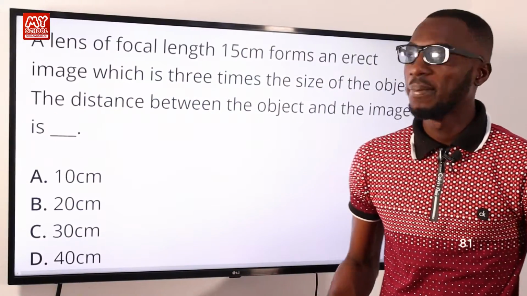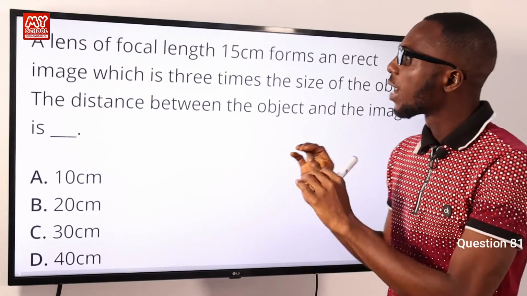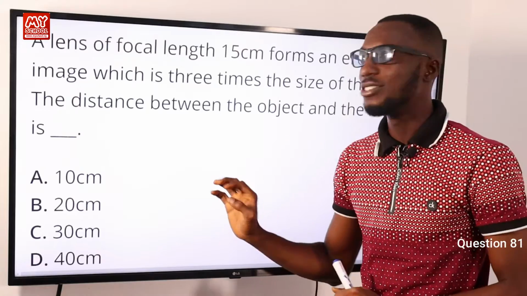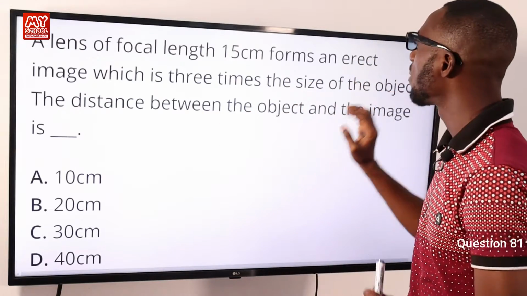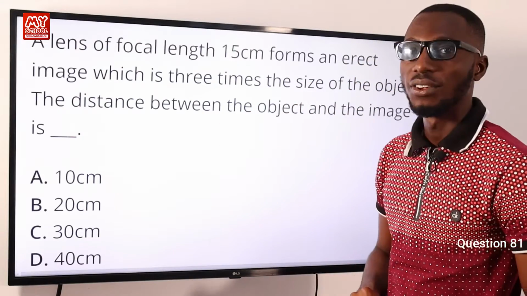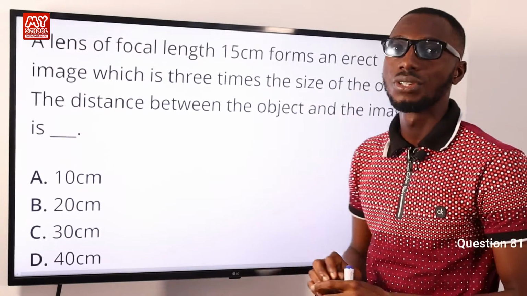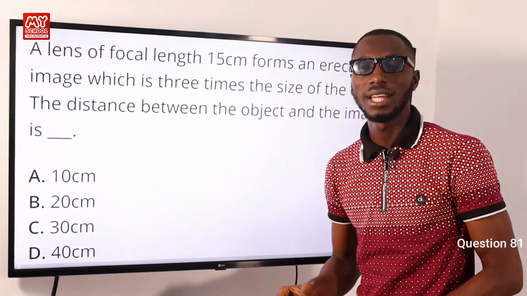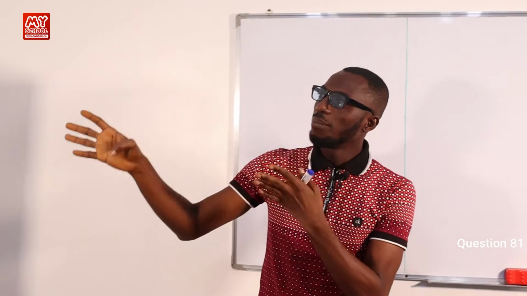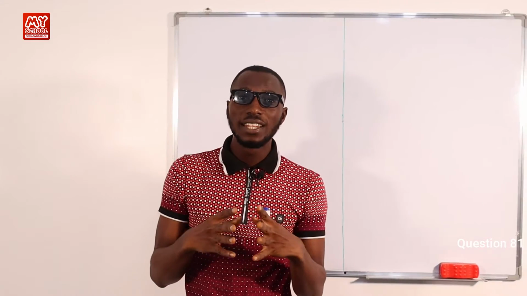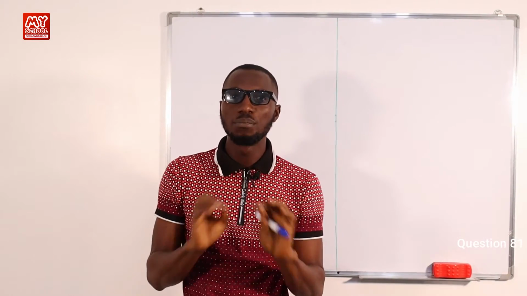Question 81. A lens of focal length 15 centimeters forms an erect image which is 3 times the size of the object. The distance between the object and the image is what? Recall from the question, we are told that the image formed is erect, so that tells you that this is definitely not a concave mirror.